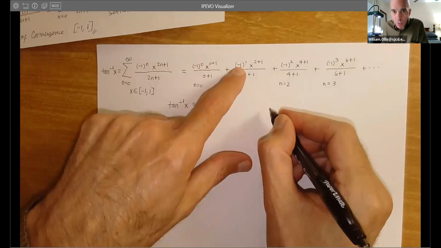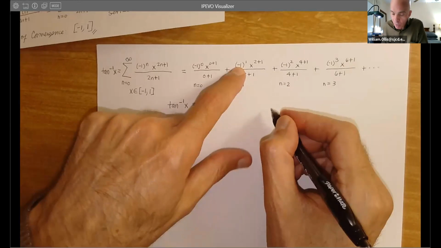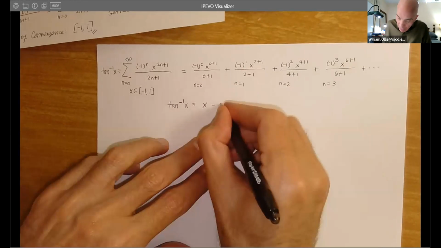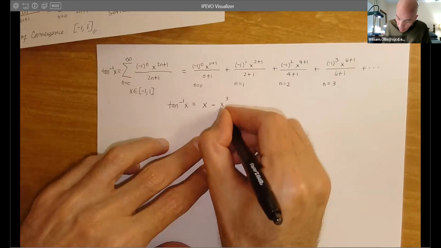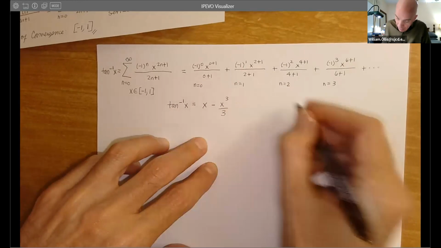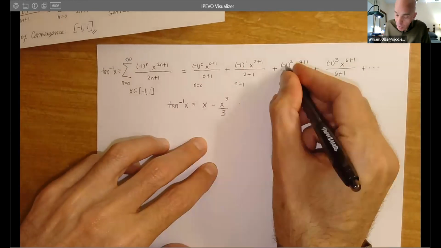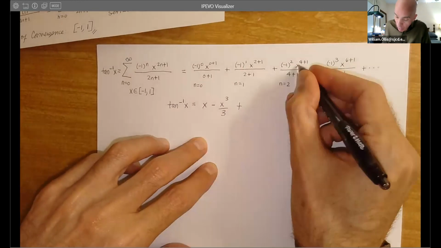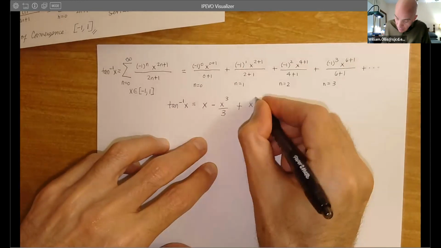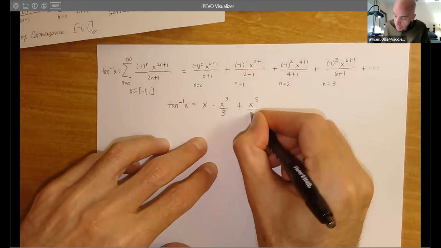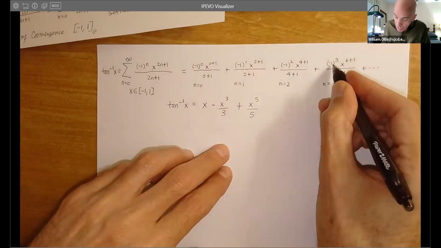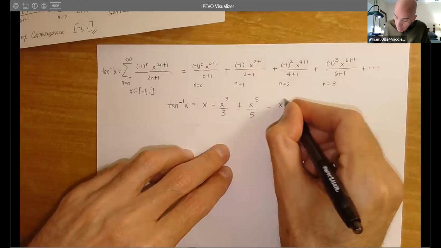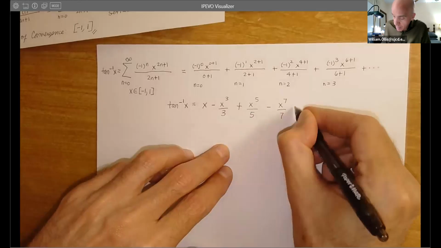Now we have -1 to the first power, which is -1. We get a cube and a 3, so minus x cubed over 3. And now here we've got a -1 to the second power, so that'll be a plus. So we have x to the 5th divided by 5. And then, of course, -1 to the third: it's going to alternate, obviously, x to the 7th over 7. So this will be plus, minus, etc.